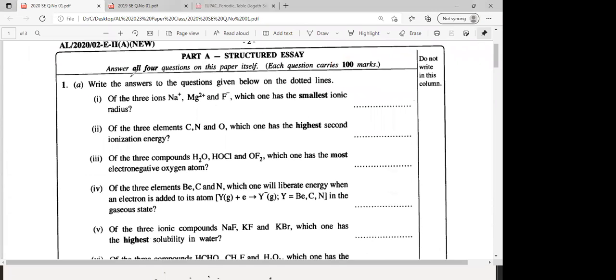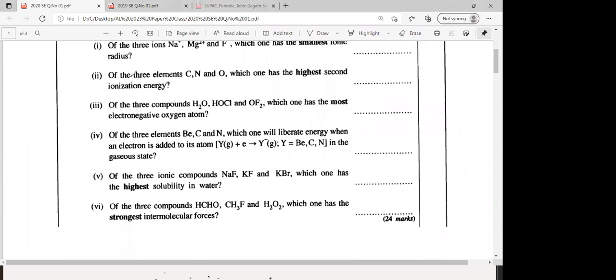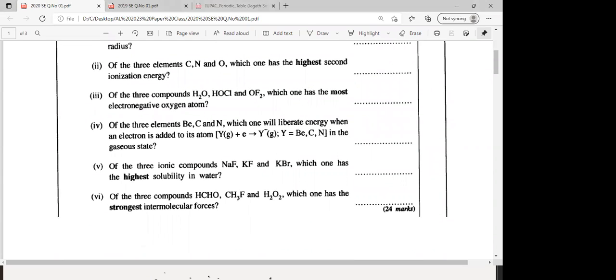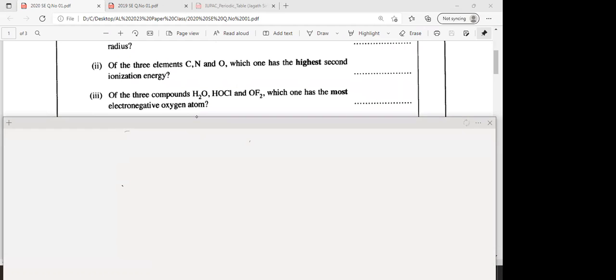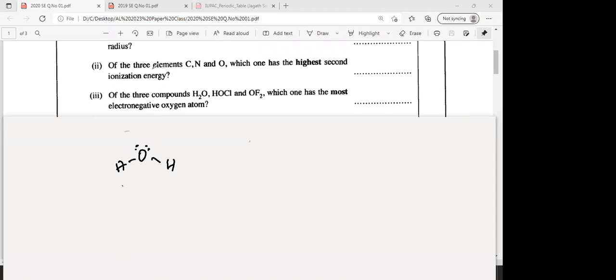Part 3: out of the 3 compounds, which one has the most electronegative oxygen atom? How to explain that? H2O. Hybridization matters here. Charge matters here. HOCl.